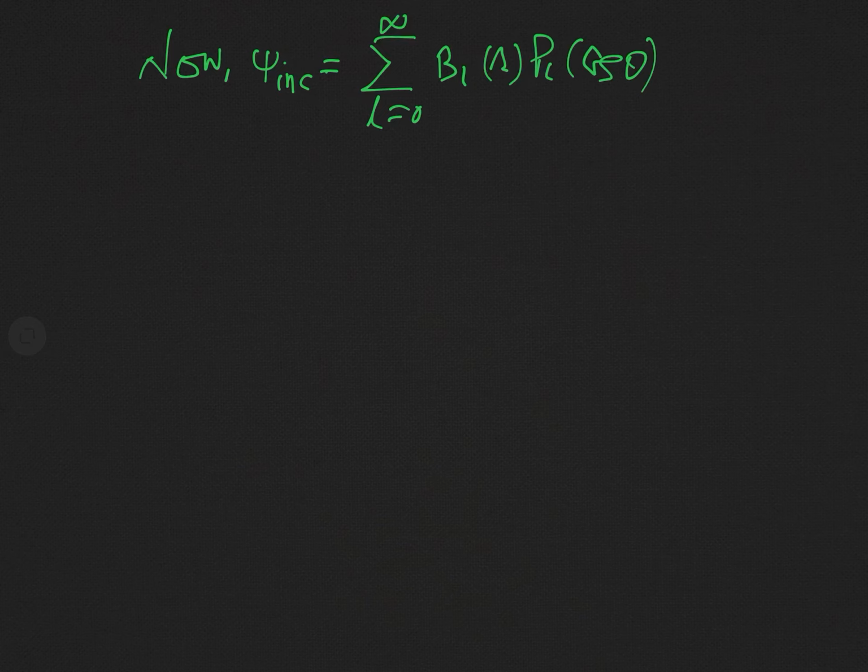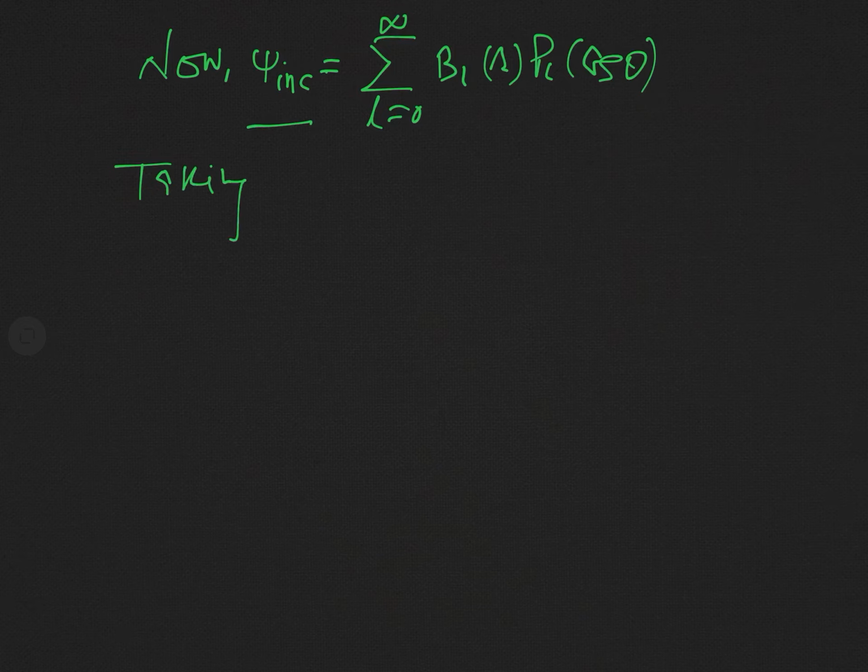In fact, this is the sum of the different partial waves for different values of L. But as we have learnt now, in low energy scattering only L equal to 0 scattering is dominating, and so we will discuss the situation only when L is equal to 0.